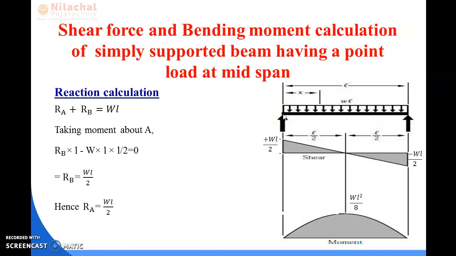So the bending moment at point A will be 0 and bending moment at point B also 0, because here only reaction is considered but no distance is there. But to calculate the moment, we need to know two things. First one is your load and second one is your distance.